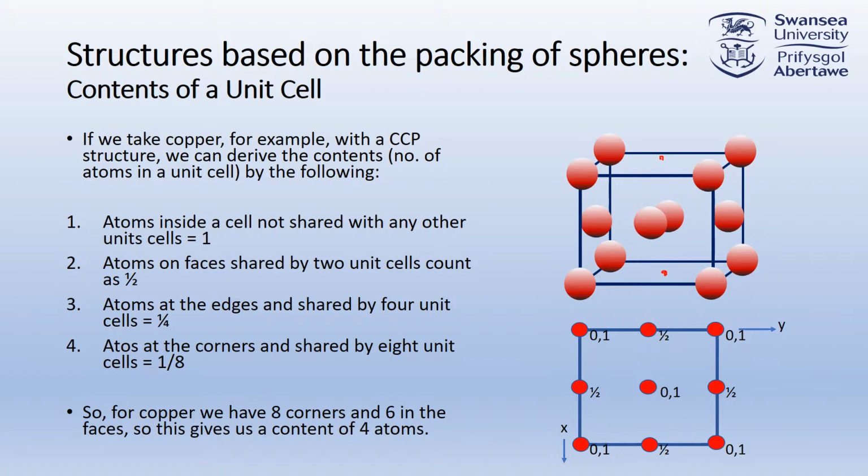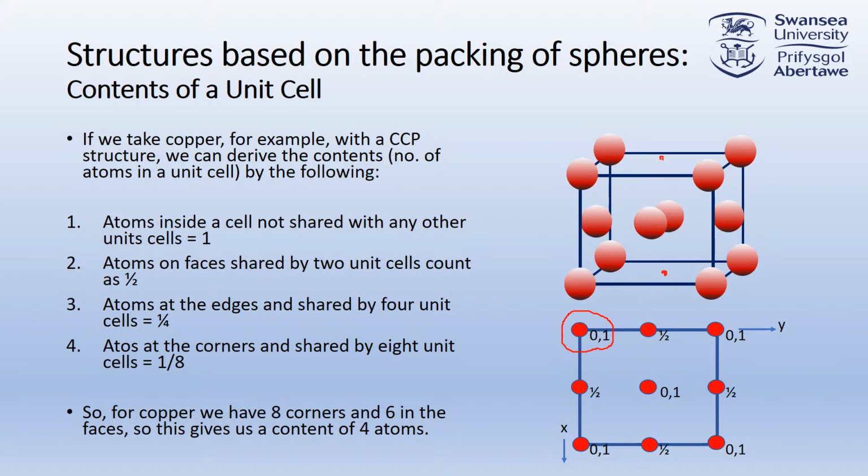Now I'm going to say here that we can actually look at the cell in a different way by looking at a cell projection. So this is looking at it from the z-axis down onto an xy coordinate system. So as we can see here on this location, we have an atom basically in our bottom layer and our top layer.